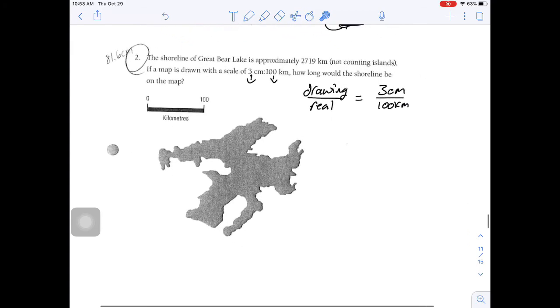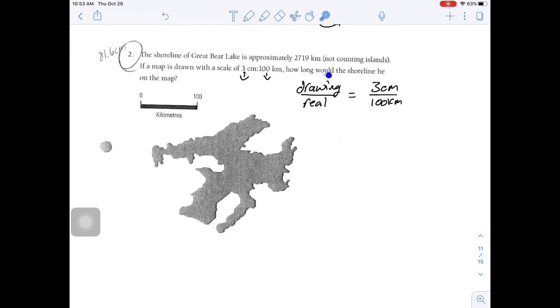So let's see here. It wants us to find how long will the shoreline be on the map? So the shoreline, I'm assuming, is this guy here, okay? So we have a nice little ratio here. From here to here is roughly 100 centimeters, or sorry, 100 kilometers.